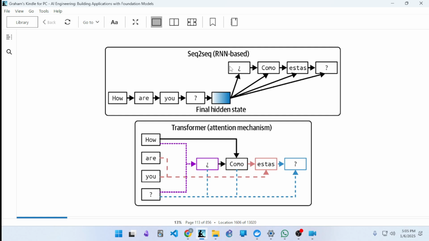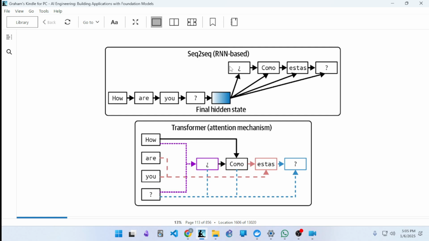All right, so this is prior to ChatGPT. The best language-based architecture there was for AI was seq2seq. That's what Google Translate used, and we can see that it was RNN based, recurrent neural network based.